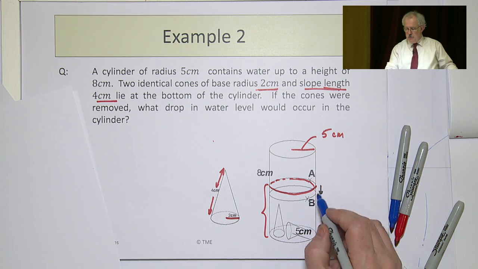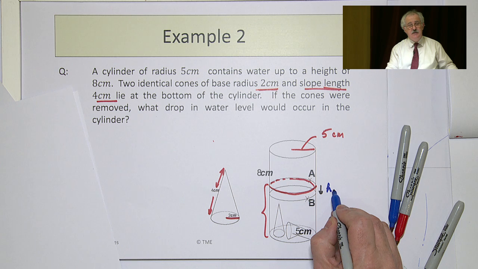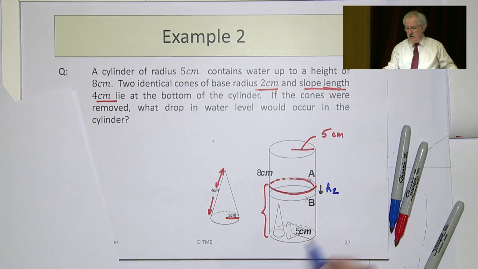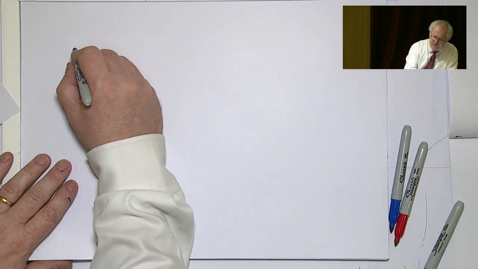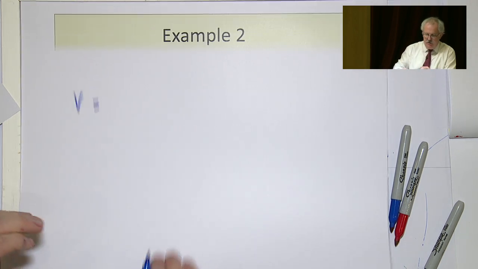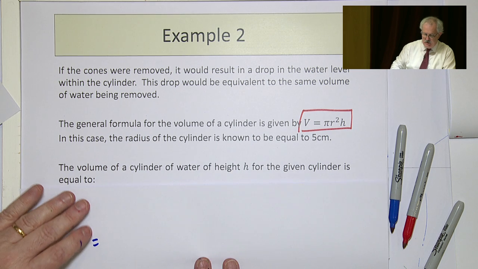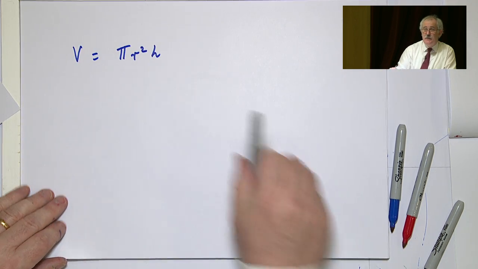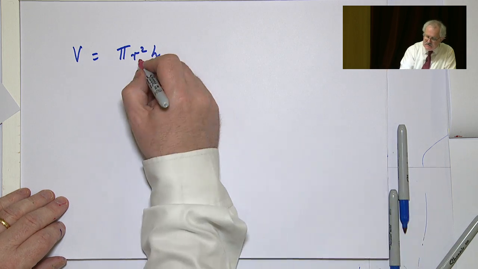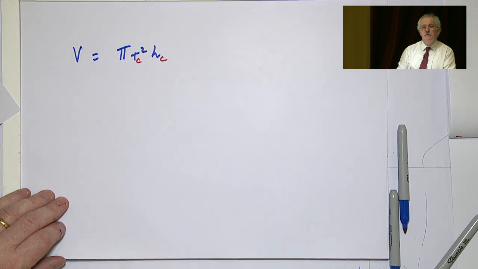No. So we just call that H2 or something like that. Is that okay? Or h for water, H2. So what we find is the volume of a cylinder is given by pi r squared h. We have to be a little bit careful. This is the cylinder and that's the cylinder.